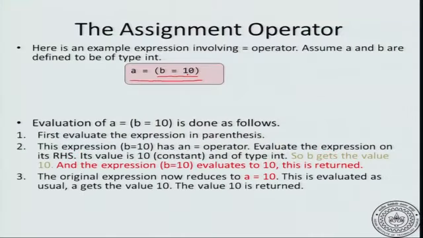That expression returns a particular value which is 10. Now, the original expression can be thought of as just a equal to 10. This is evaluated as usual: you take 10 and assign it to a, and the return value of the whole expression becomes 10.